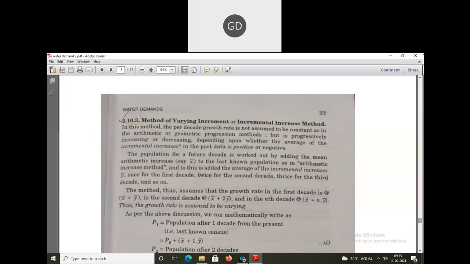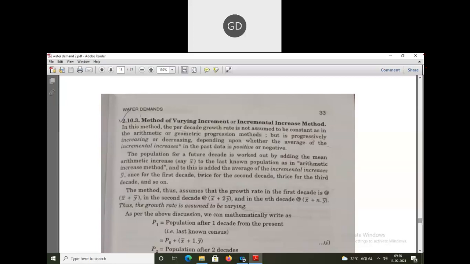It is not like the geometric increase method where the population is only increasing and increasing. So in that kind of city or town, you will be using the incremental increase method.